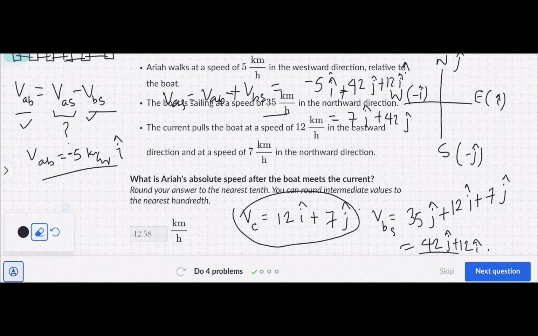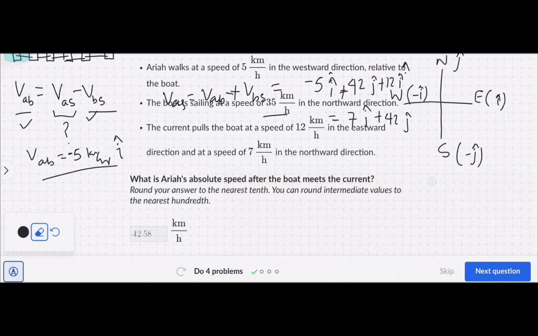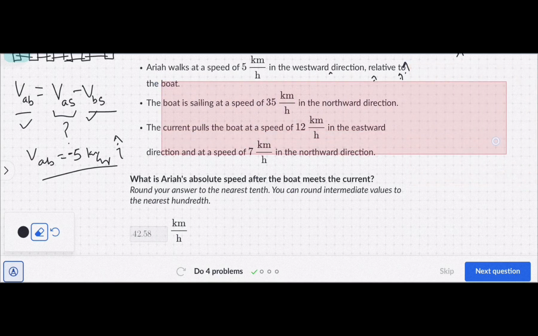Let me clear all this. V_AS, we got the answer as 42 j cap plus 7 i cap.